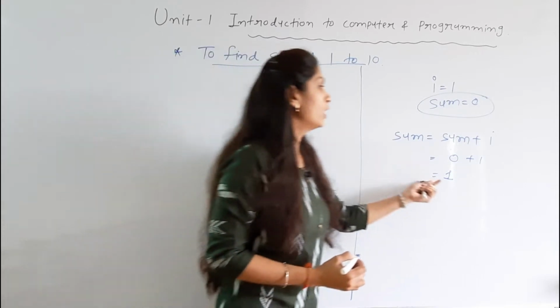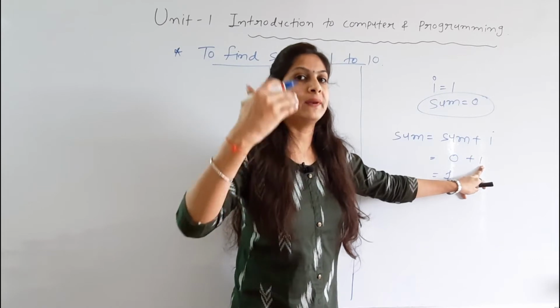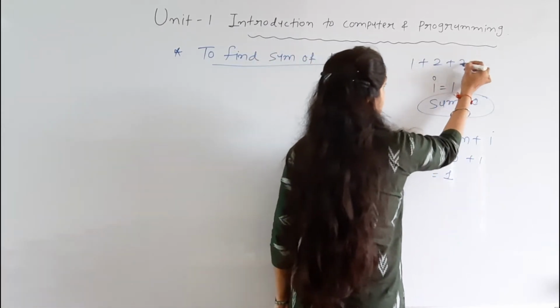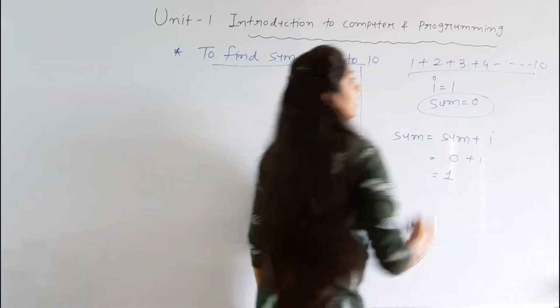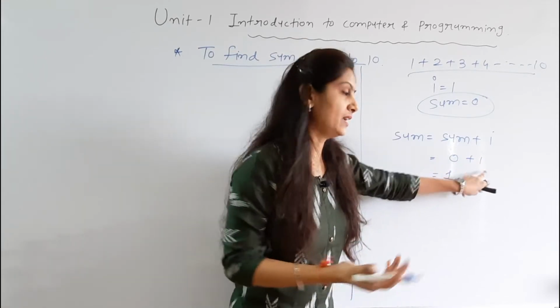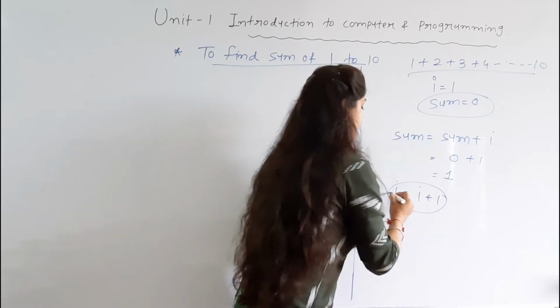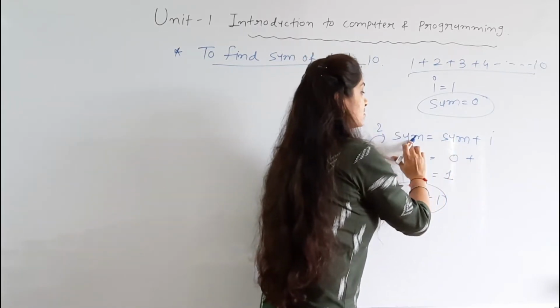Similarly, now I changes because we have to find the sum 1 plus 2 plus 3 plus 4 like this. This is our series, 1 plus 2 plus 3 up to 10. For that we have to change the value of I. So the formula is I equals I plus 1, that becomes 2 here.